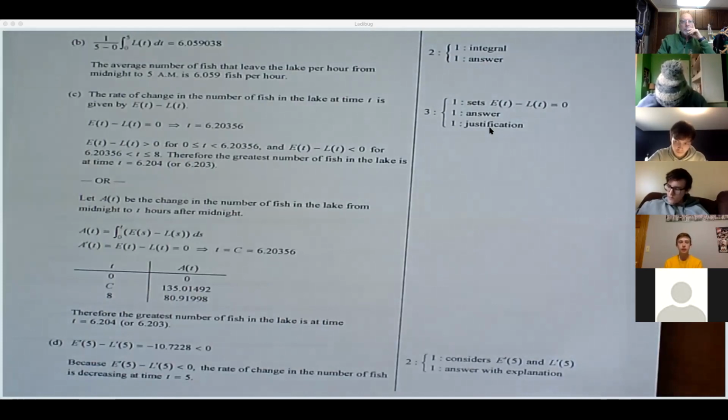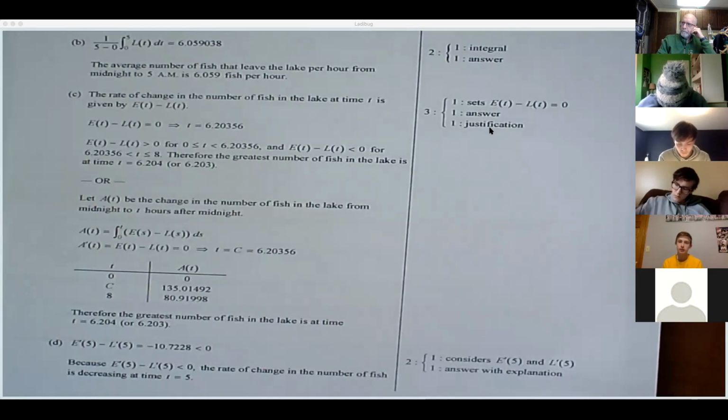I think that works, because if E of t is bigger than L of t, then it's going to be positive on there. So I'd accept that. Then you say it switches after that? Yeah, E of t is only positive until that point.